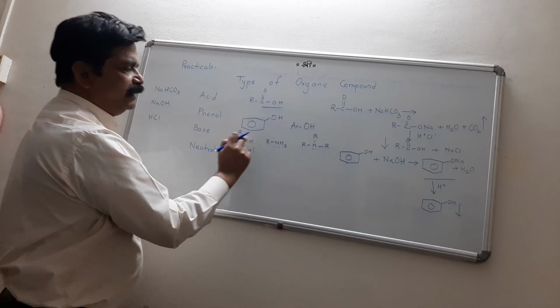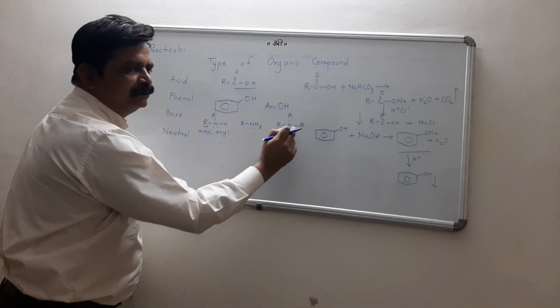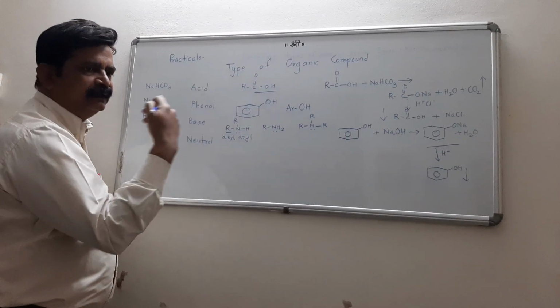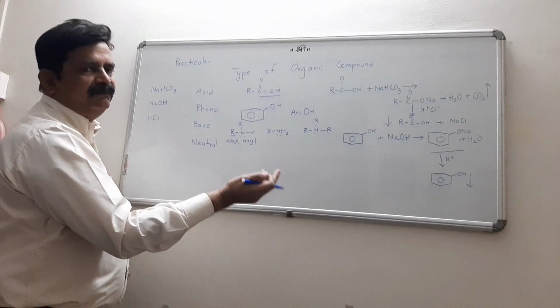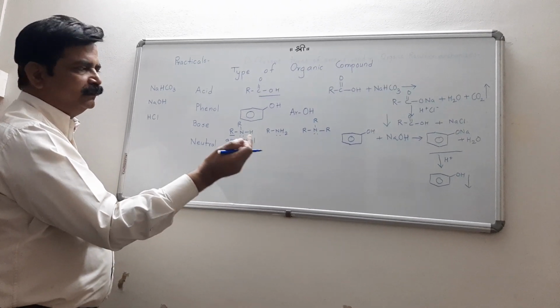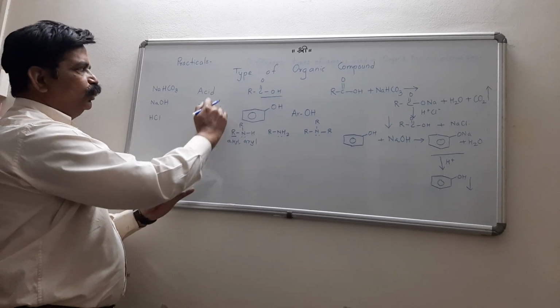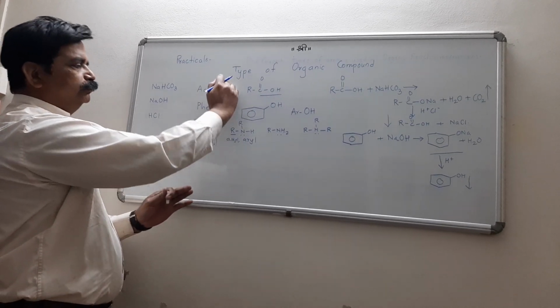Base contains nitrogen. Nitrogen has a lone pair. Lone pair reacts or it is given to any Lewis acid or mineral acid. So advantage of this is taken, which is totally different from these two.